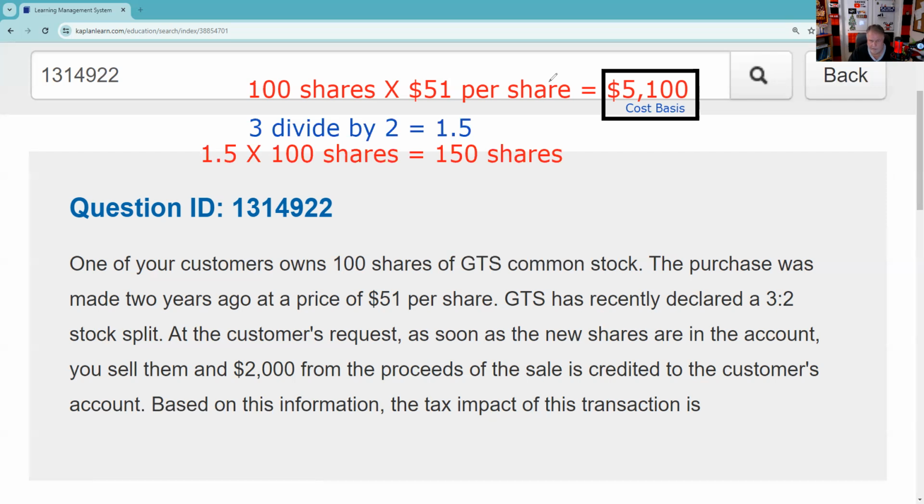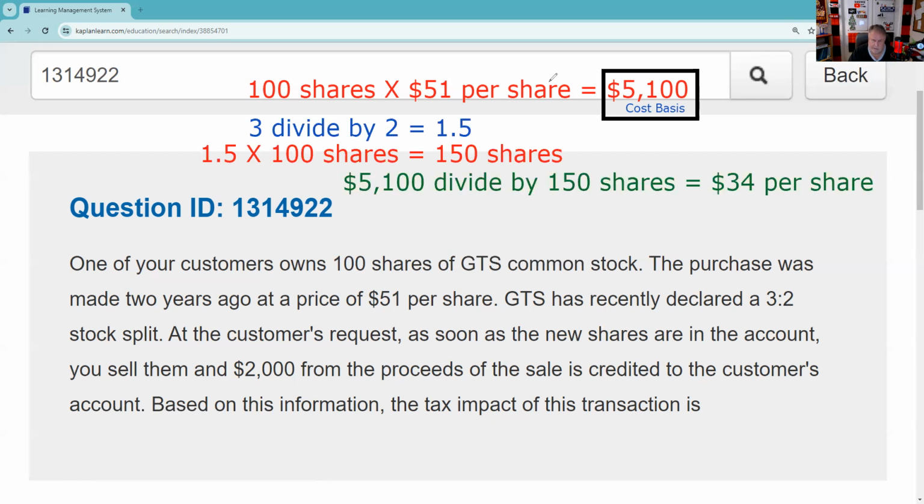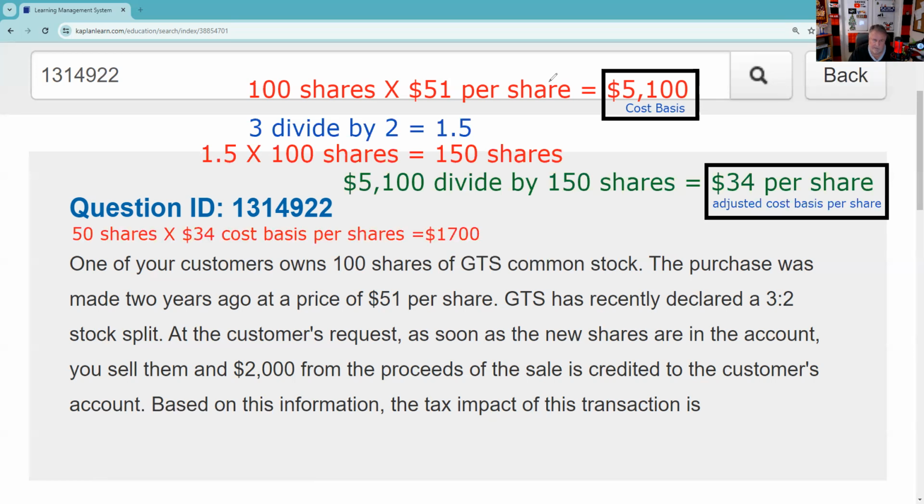We have more shares at a lower cost basis per share. The cost base is still 5,100, but now that bought me 150 shares. So my adjusted cost base per share is $34 per share. I sold 50 shares. I got to figure out, well, 50 shares, what was the original cost base? The original cost basis on the 50 shares was $34 per share.